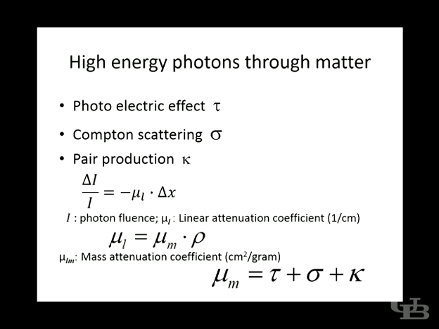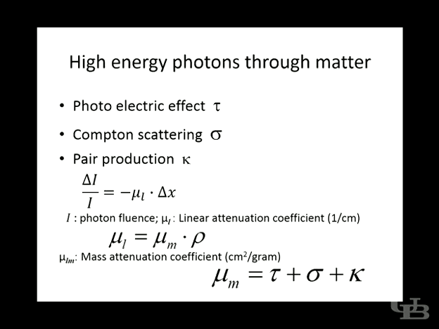So from here, on another slide, we can derive I as a function of x and mu L. Mu L is the ratio, and it depends on the energy of the photon and the material.